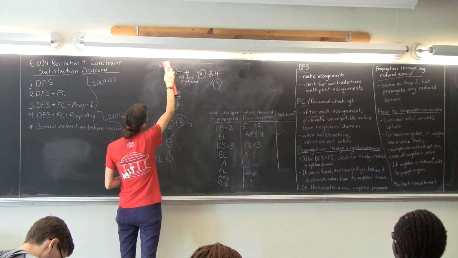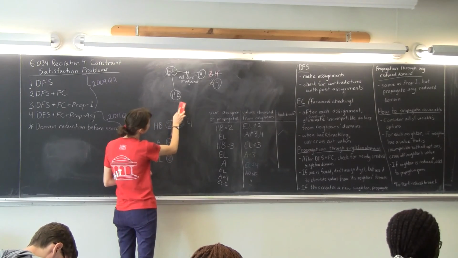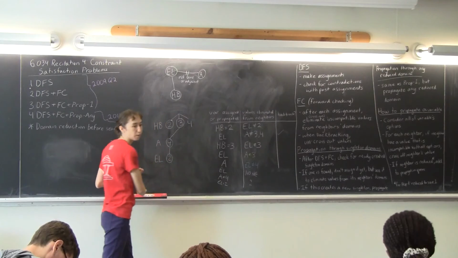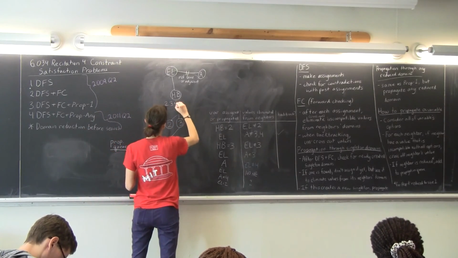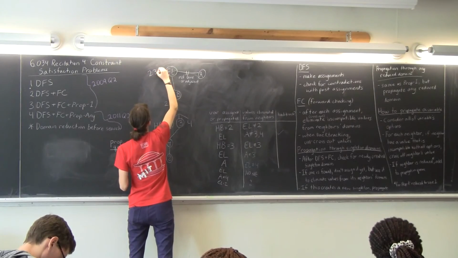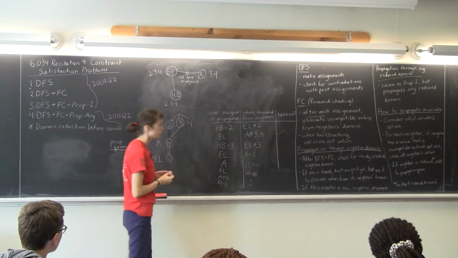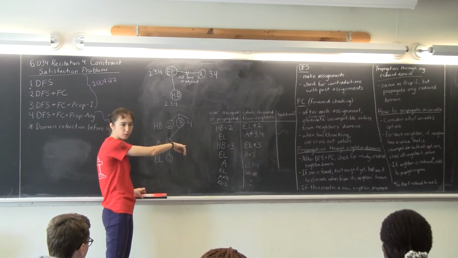So I'll reset our domains. And so this time we're not going to make any assignments at all. We're just going to try to eliminate values from their domains. So we had 2, 3, 4, 2, 3, 4, and 3, 4. Is it okay if I erase the table?